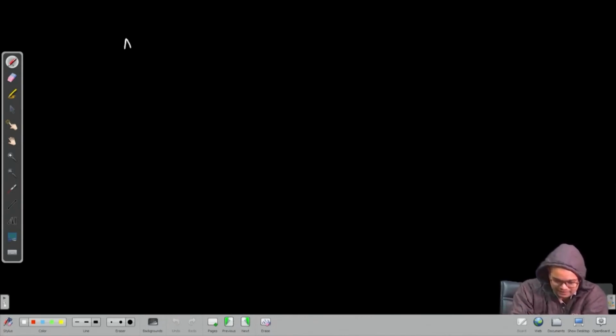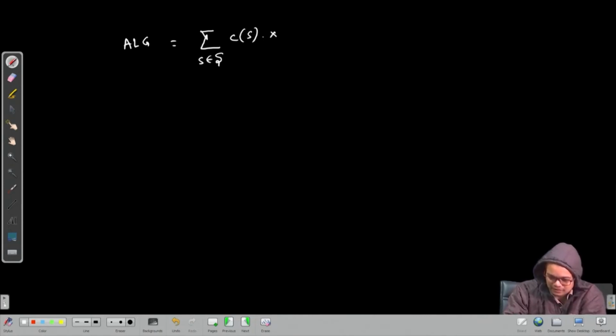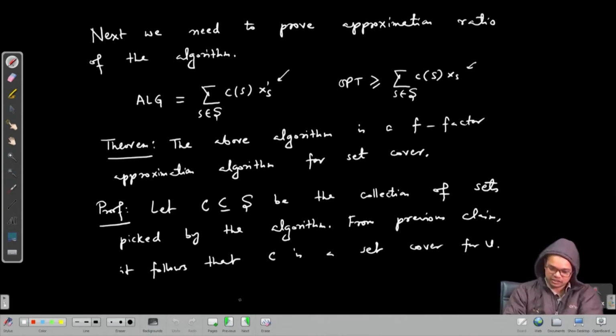Let us see, ALG is the summation over S in script S of c_S x'_S. Now for all the sets except this collection C, the variables x'_S are 0.